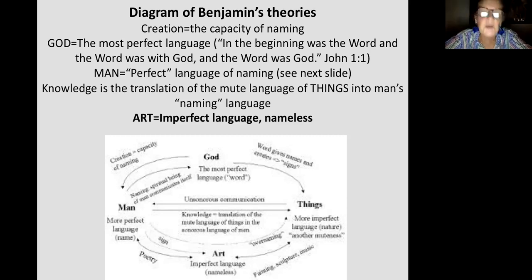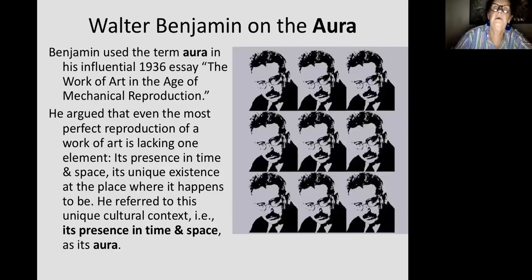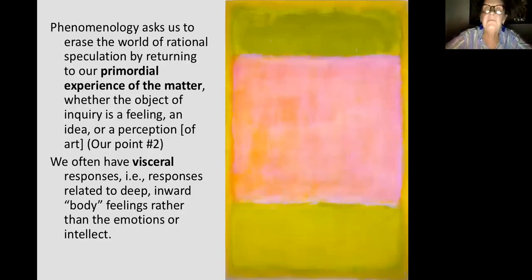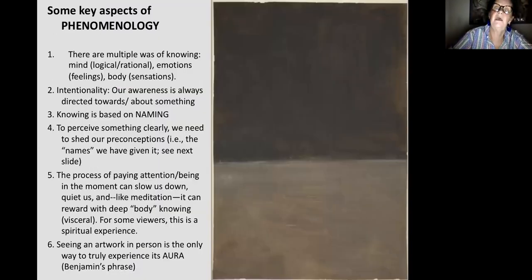Anyway, at the very bottom of this diagram, it says that art is an imperfect language because it is nameless. Hear that again. Art is a language, but it's an imperfect language because it's nameless. So we don't have a name for this. I mean, we can call it a Rothko painting, but that's what we would call that and that and that.